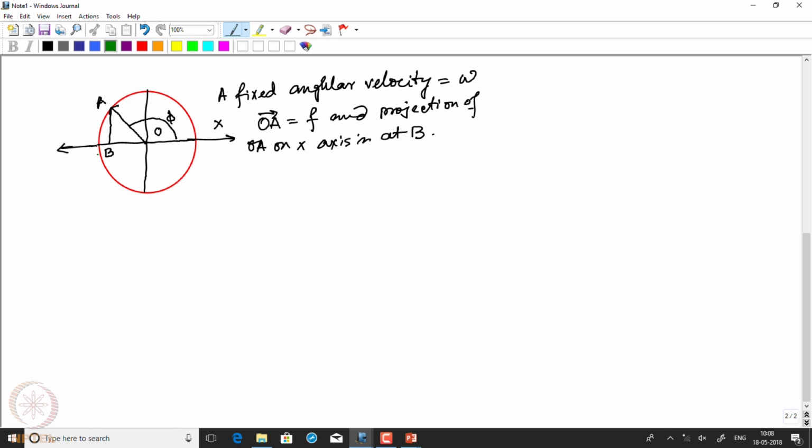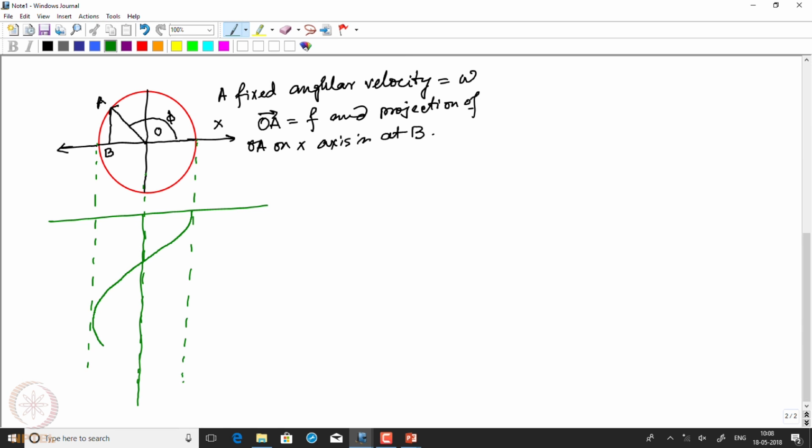If I try to plot the linear displacement of B with respect to the origin O, this motion would look like a curve like this.